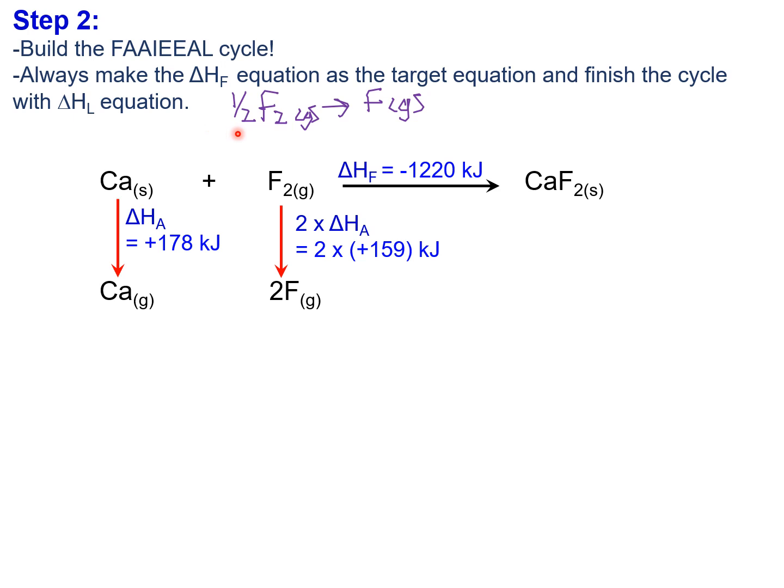Okay, information previously dia bagi tahu enthalpy of atomization untuk non-metal element ialah half F2, and then you akan dapat 1 mole of F atom gas. But in this case, I cannot halfkan this F2. Why? Because if I halfkan this F2, it will affect the balanced chemical equation untuk enthalpy of formation. So I tak boleh kacau, I tak boleh letak half kat sini.